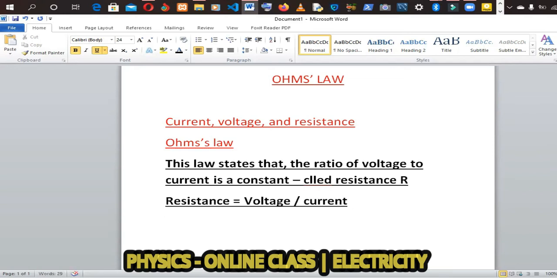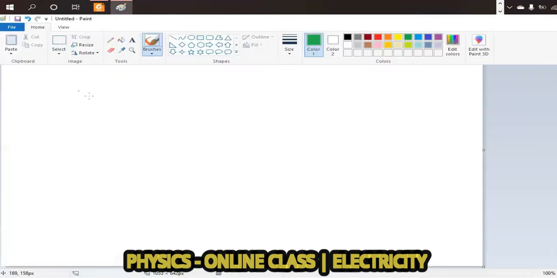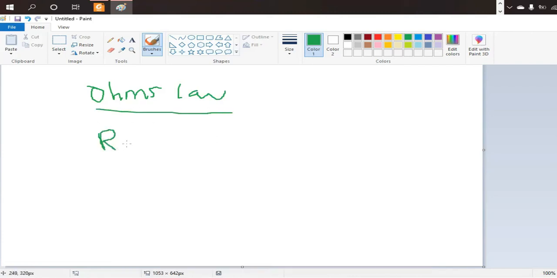Now more mathematically we can say that Ohm's law, meaning R equals voltage over the current.